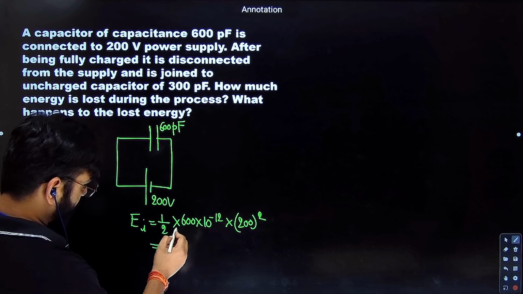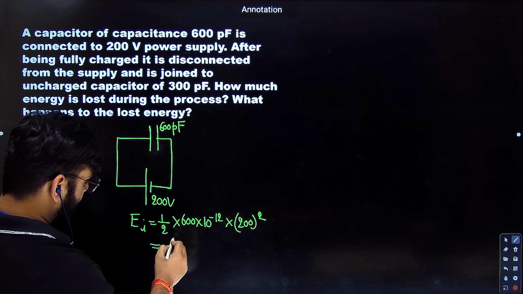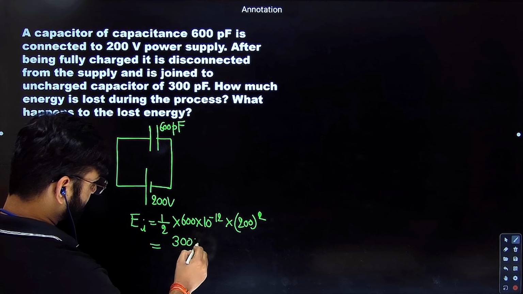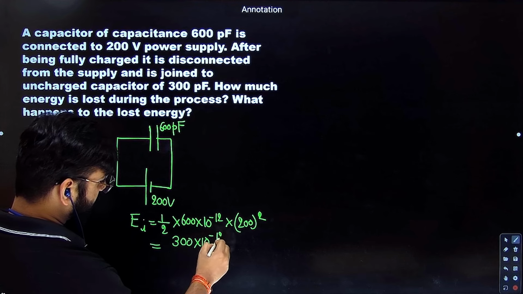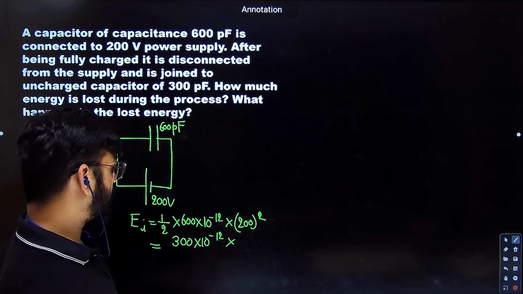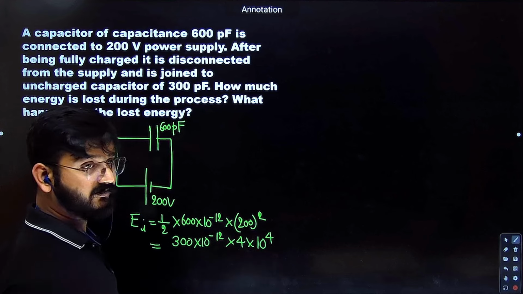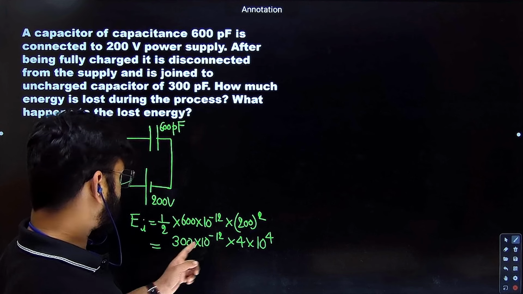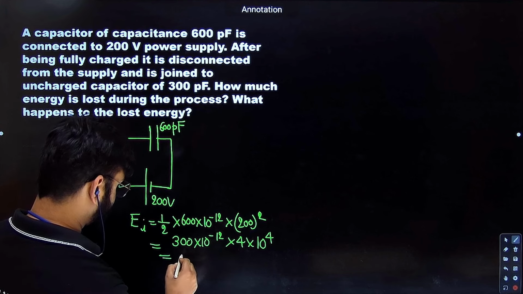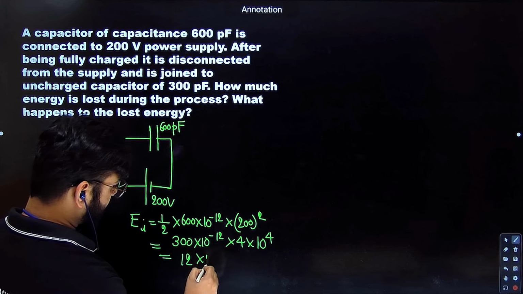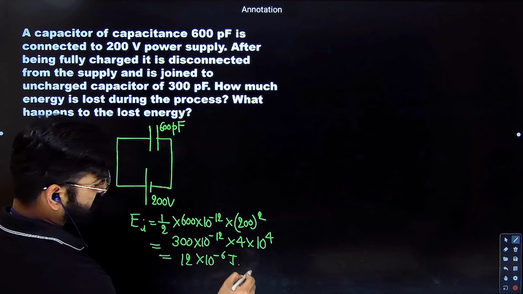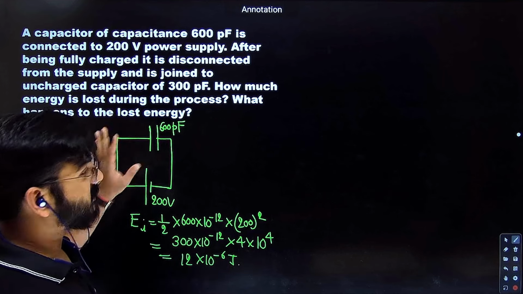So let's solve it. So this will become 300 into 10 to the power minus 12 into, this will be how much? 2 square 4 and 10 to the power 4. Perfectly correct. So 3 fours are 12, 10 to the power minus 6 joules. So this much energy is stored initially.